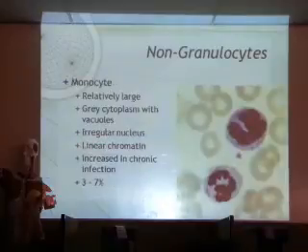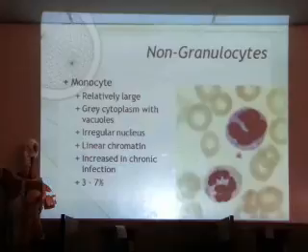The other non-granulocyte is the monocyte. Okay. Monocytes are relatively large. On the top here, this is a monocyte, and down here is a segmented neutrophil, just for comparison. So monocytes are bigger. They're about 25 microns diameter, very large. The nucleus tends to be very irregular.